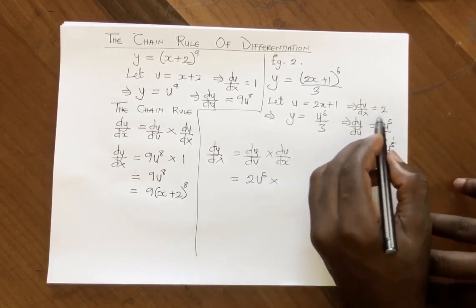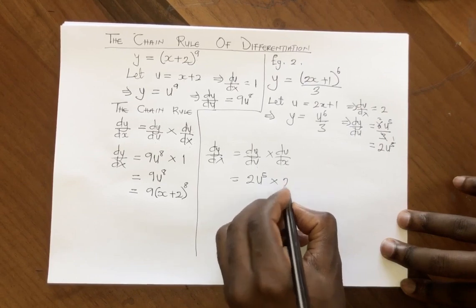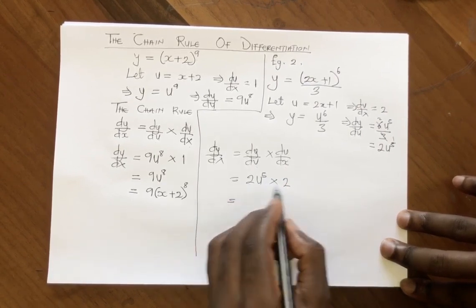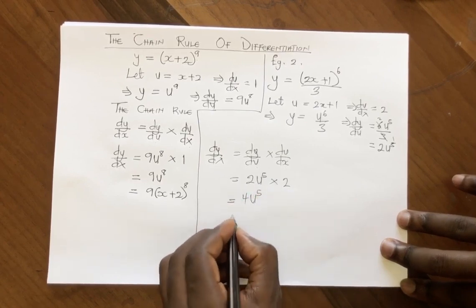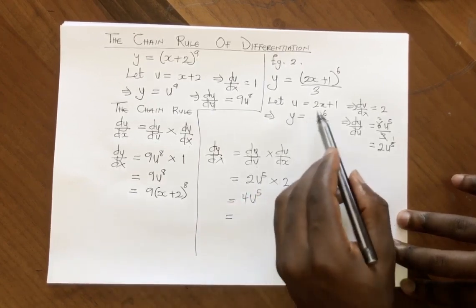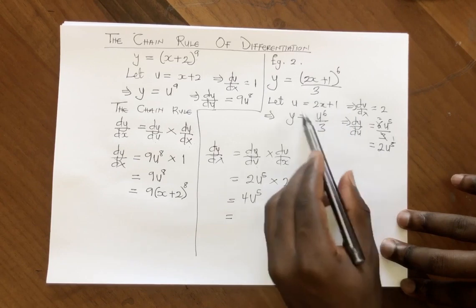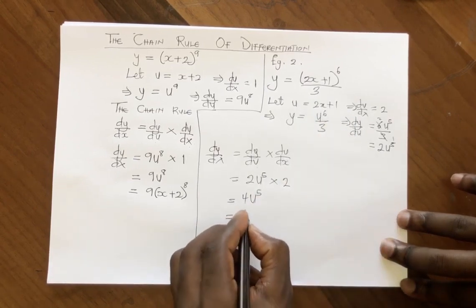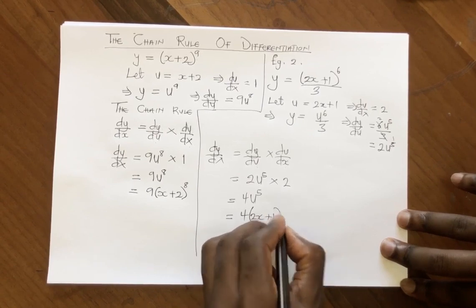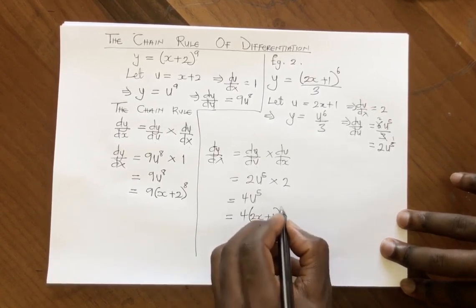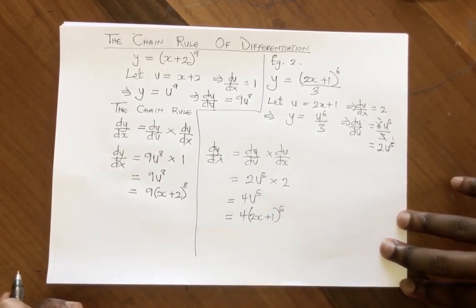What is du/dx? That is 2. 2 times 2, that is 4, u raised to the power 5. But what is u? This is u, 2x + 1. So we have 4 into bracket (2x + 1) raised to the power 5. And you are done.